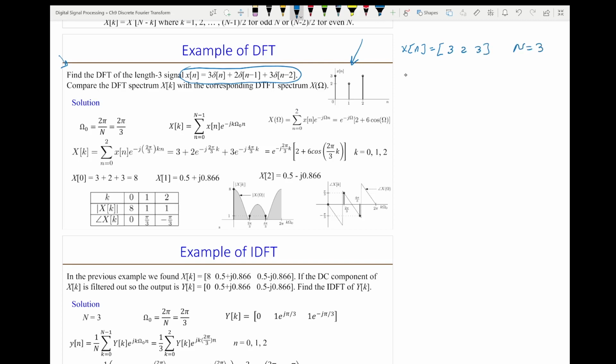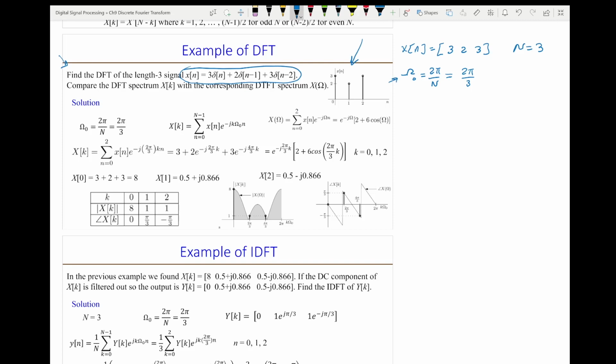The digital frequency omega 0, or the fundamental frequency, is 2 pi over n. You have no idea what the sampling rate was. In this example, it was not given to us, but in real life, when you are doing the application, you are the one who decides how many samples per second you will take. Okay, so we found omega 0.